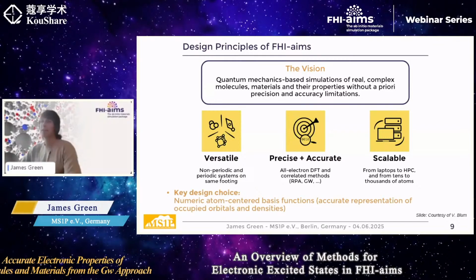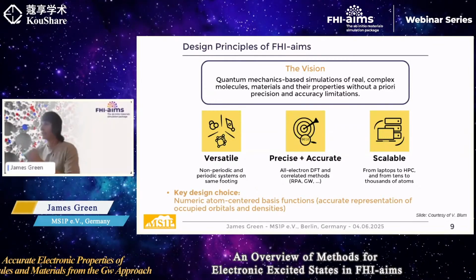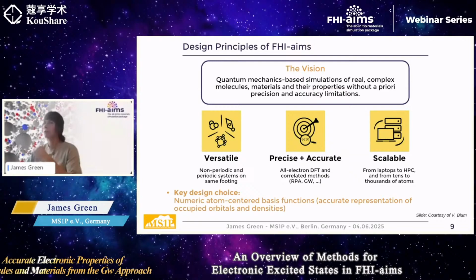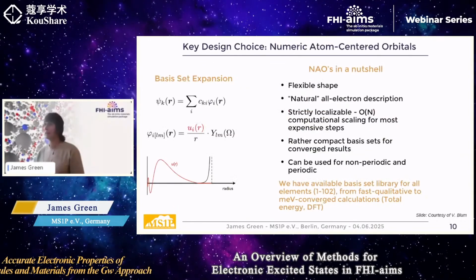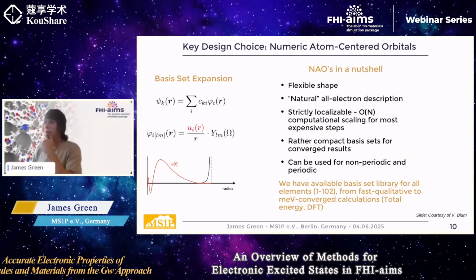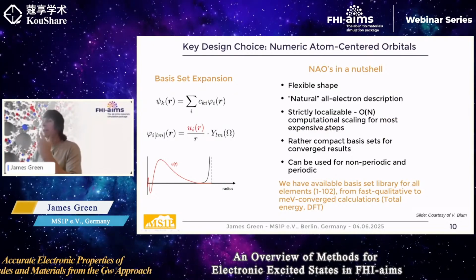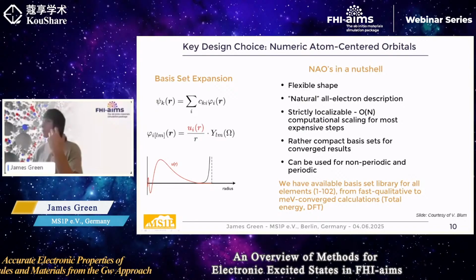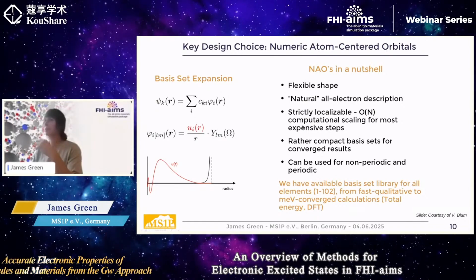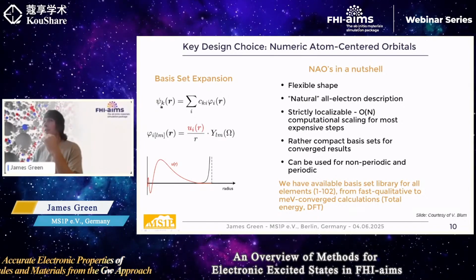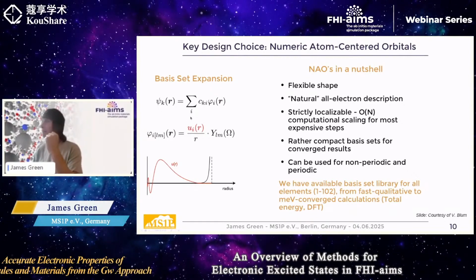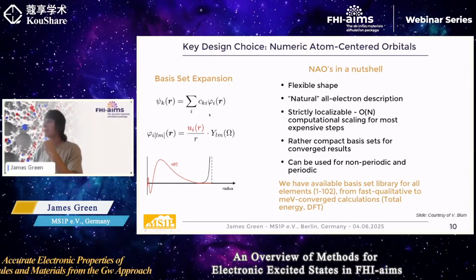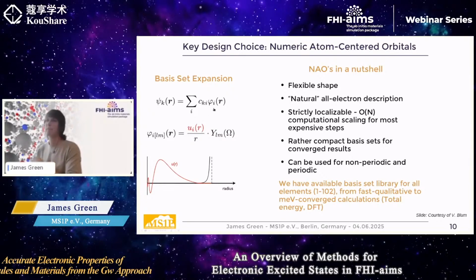And a key design choice that was made in trying to fulfill these aims was to use numeric atom-centered basis functions. So as everybody who's done some kind of quantum mechanics simulations before knows, we generally represent a wave function, in this case the electronic wave function, as a basis set expansion in terms of basis functions phi_i.